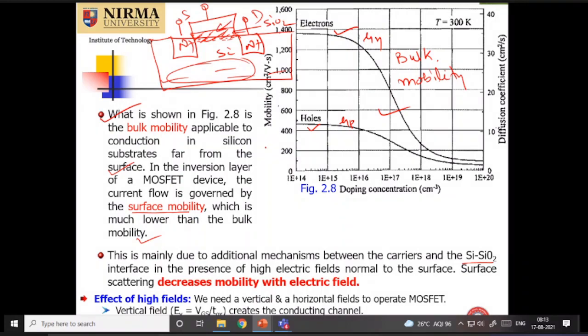So due to those defects, electrons or carriers are trapped and then released. That is the reason the mobility decreases compared to the bulk mobility. Now, another statement given here is that surface scattering decreases with electric field.